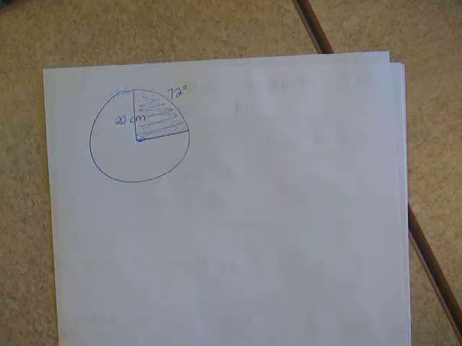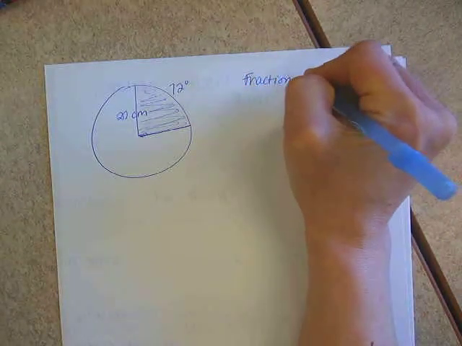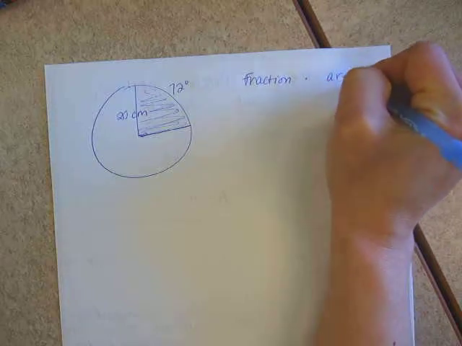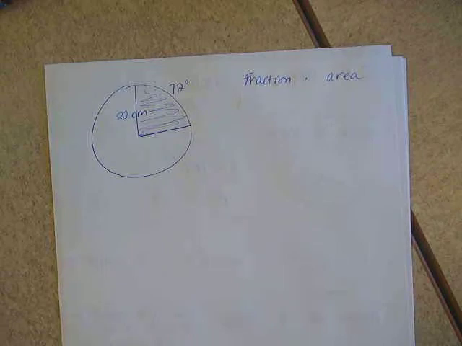Leave it in terms of pi. So remember, this is a fraction times your area, fraction of the area.